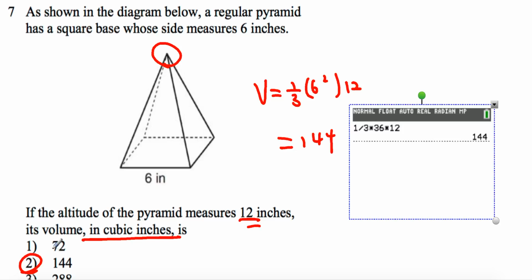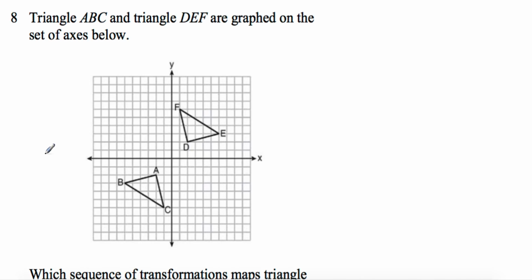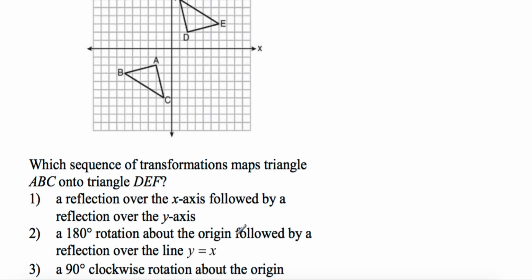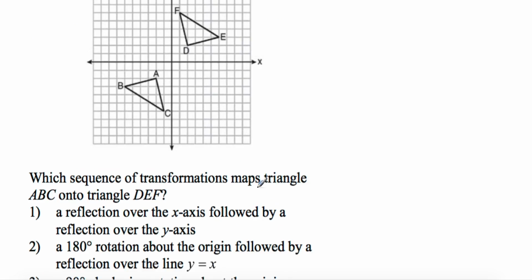Alright, let's move on to the next question. Number 8. So we have triangles ABC and DEF. Which sequence of transformations maps triangle ABC, the original, to the other triangle?